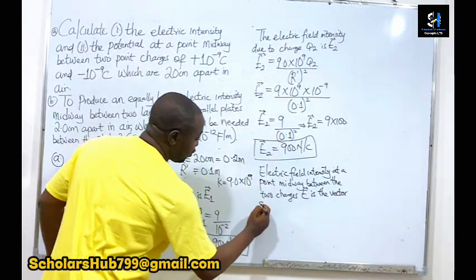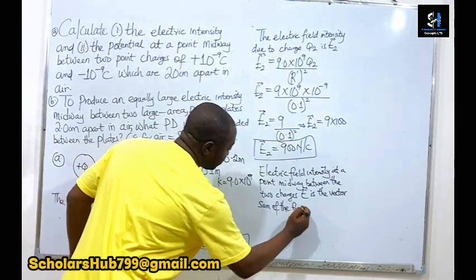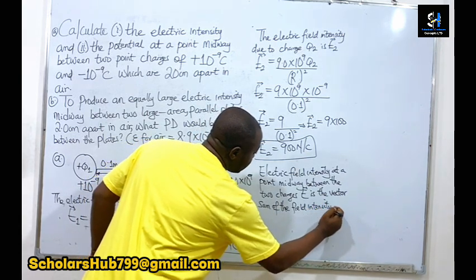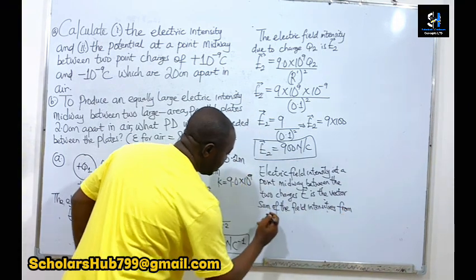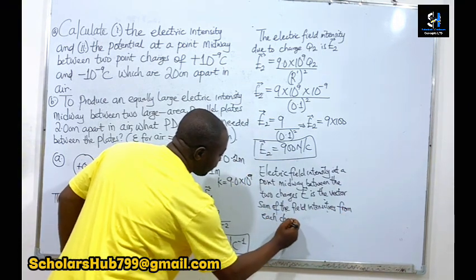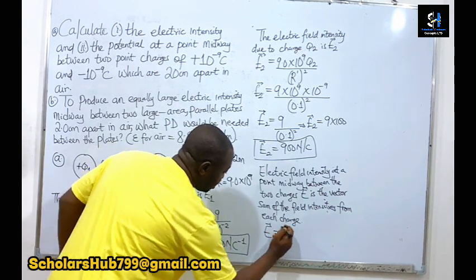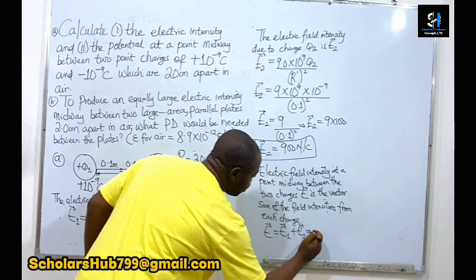So it's a vector sum of the field intensities from each charge. So it means that this will be equal to the sum of E1 and E2.